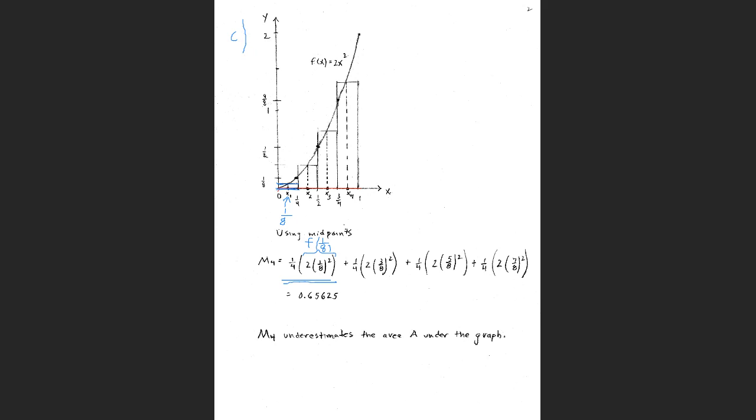Now, the second subinterval goes from a fourth to a half. What's the midpoint between a fourth and a half? Well, let me ask you this. How can you find x2?